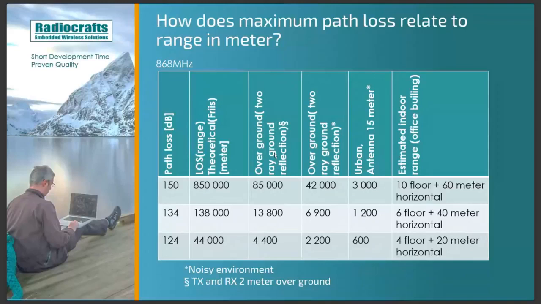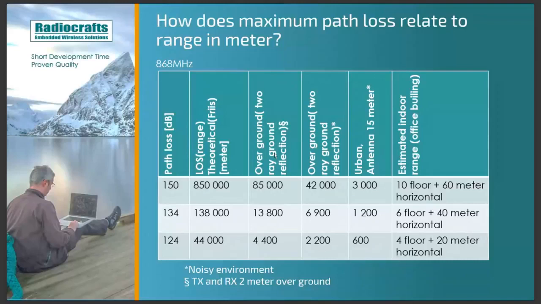Again, this is a noise-free theoretical thing. If you add noise, and here I think I added 6 dB noise, which is not what we have in our office, but what we have just outside of Oslo, then you see the range is starting to be even half of the above mentioned.